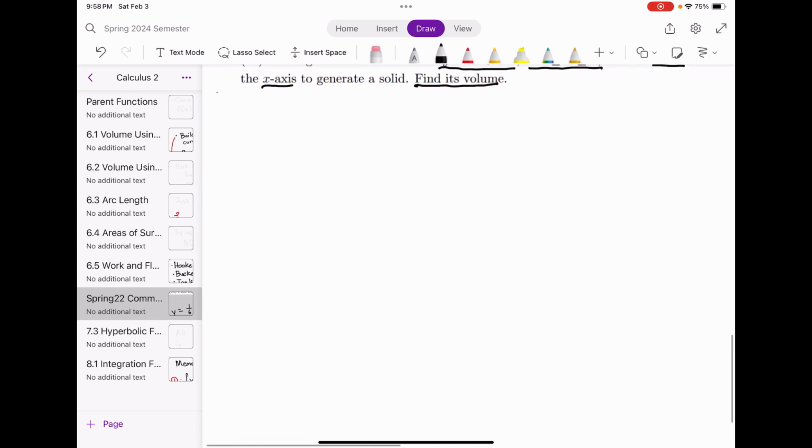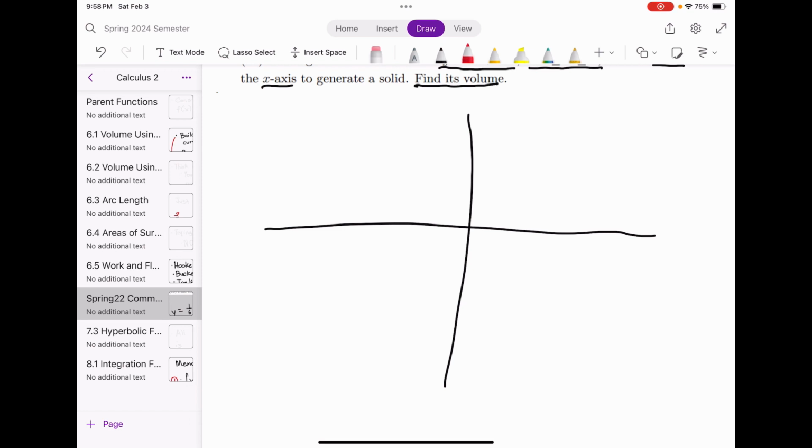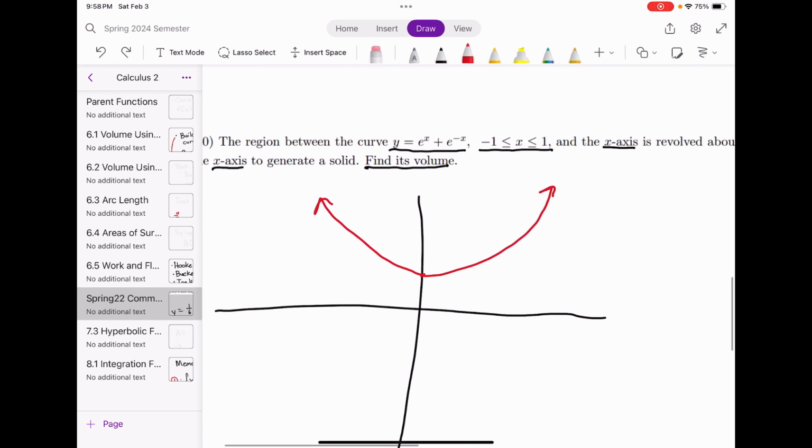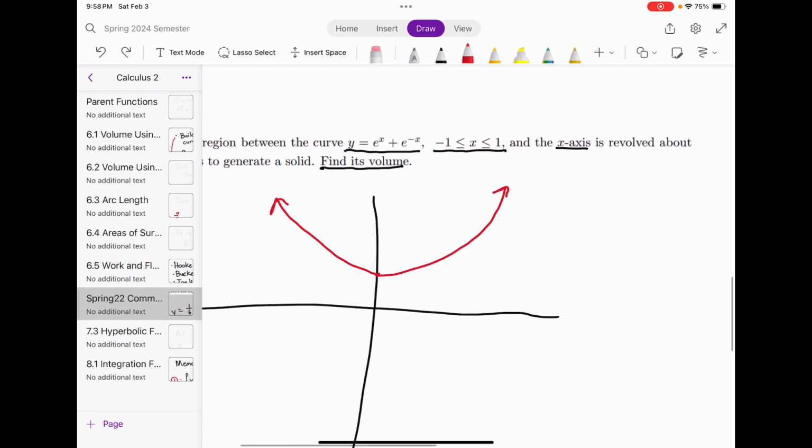If you're not already familiar with this graph, it looks like a parabola. If you go back to parent functions, you should know that, but if you don't, it's completely fine. You can use test points, especially since it's only between negative 1 and 1.